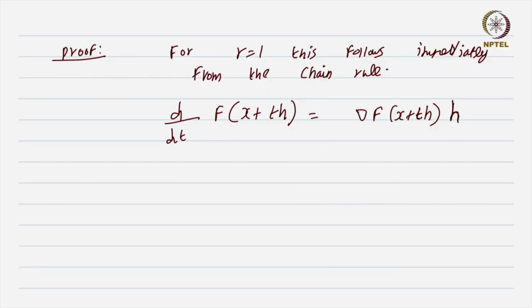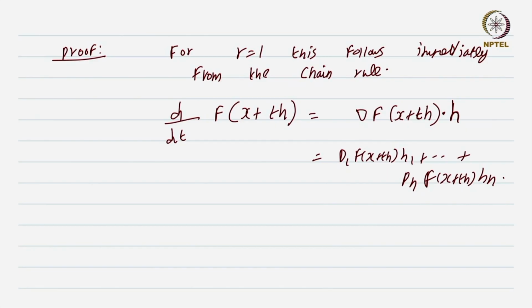So this is a dot product, and this is nothing but d_1 f of x plus th times h_1 plus dot dot dot d_n f of x plus th times h_n. So the base case of the induction is straightforward.